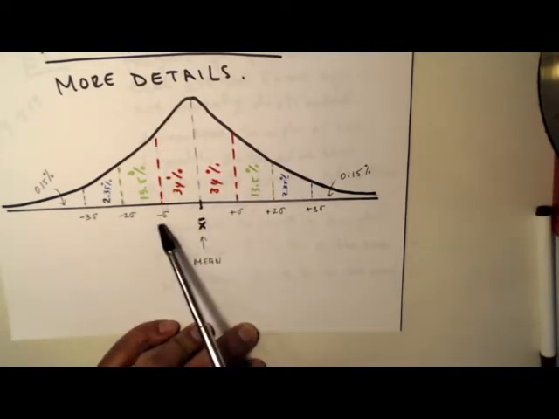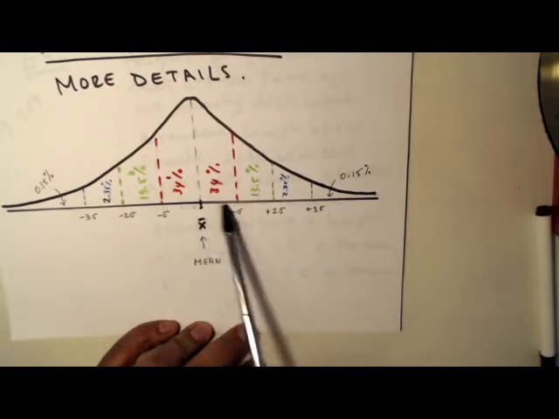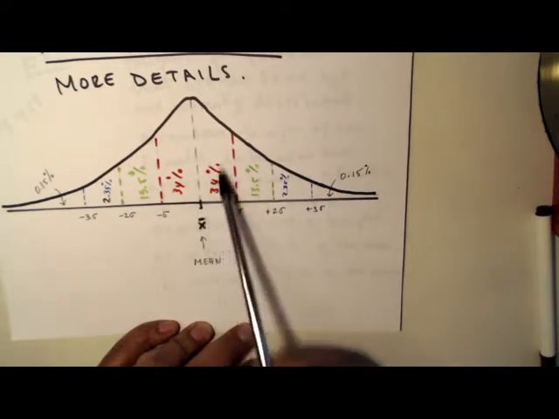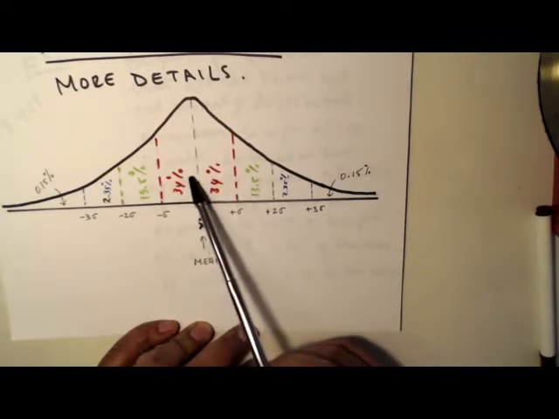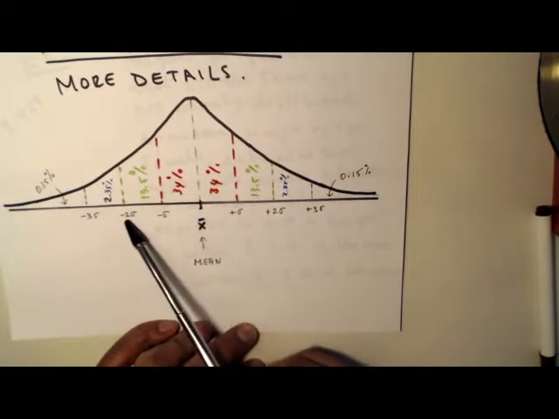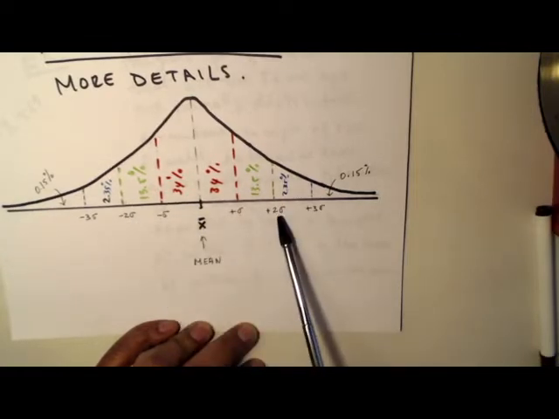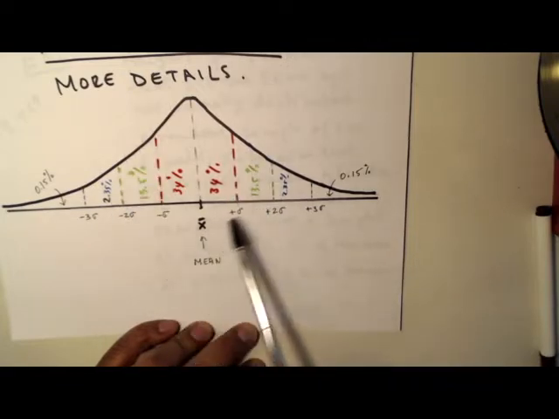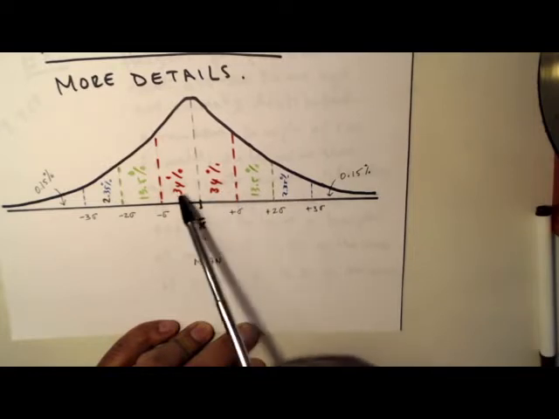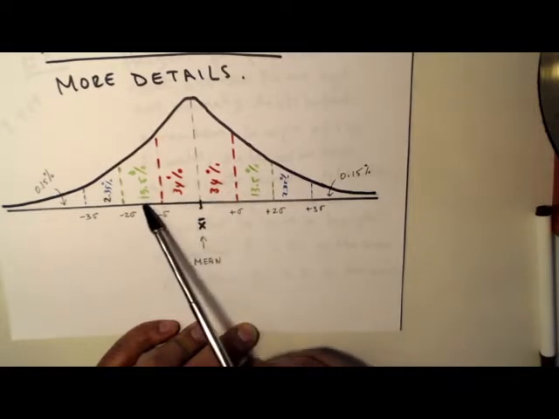So within 1 standard deviation from the mean, we have 34%, right? Total is 68. That's the first rule. The second rule is that from -2 standard deviations to +2 standard deviations, we have 95. So we have basically 13.5 plus 34%, plus 34%, plus 13.5%.